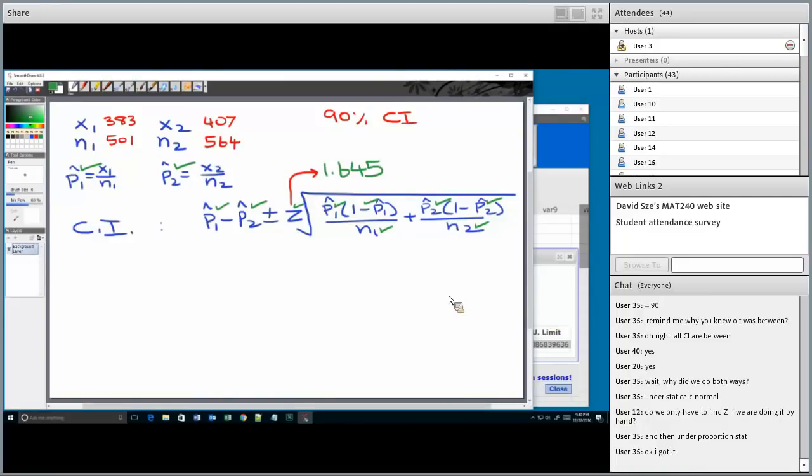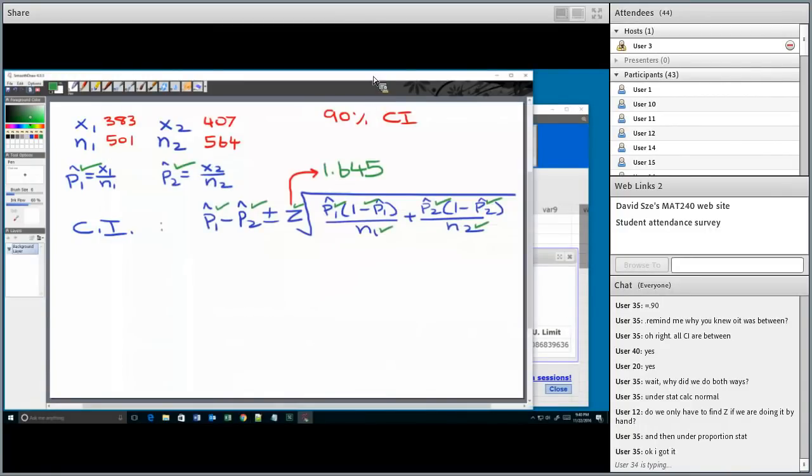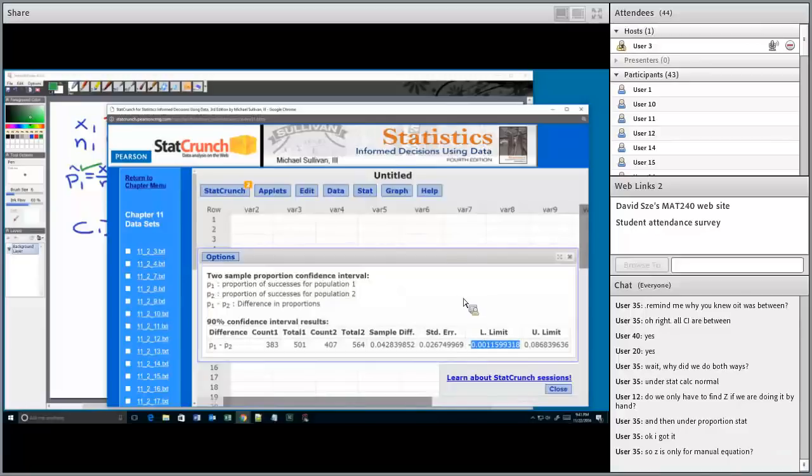So I still feel there's a little bit of confusion here about the difference between calculating the critical Z and calculating the confidence intervals themselves, right? These are two different operations.